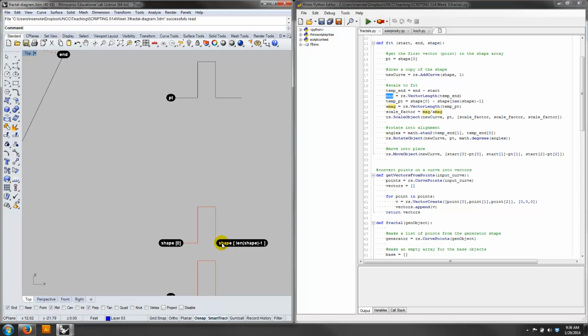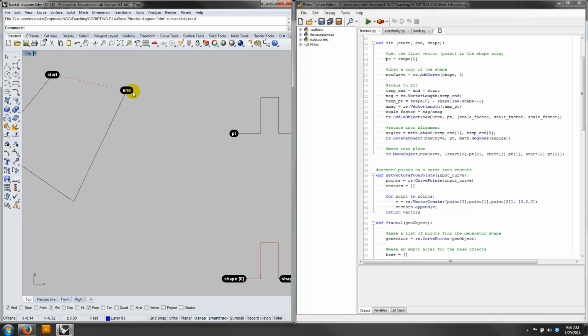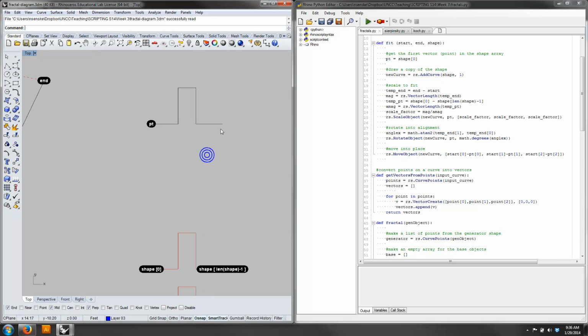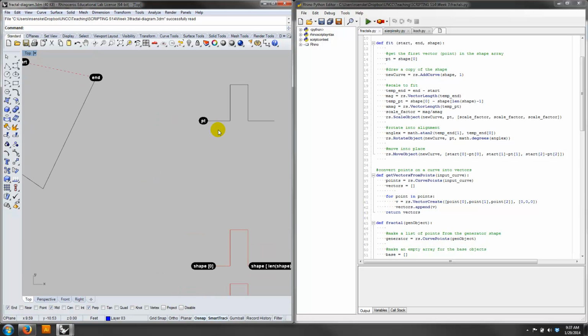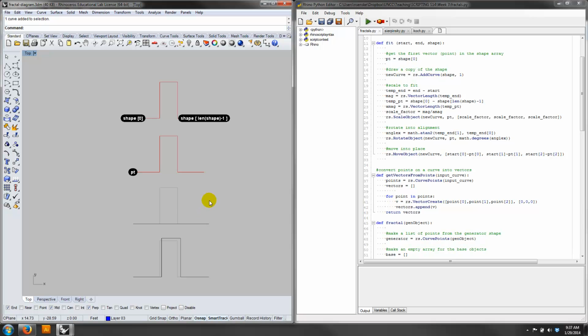So we go the length of the array shape minus 1. So whatever the last point is in the shape minus the first point in the shape gives us a temporary point. We find the length of that. So we have mag and amag. And the scale factor is just basically a ratio of this length divided by that length, which is just going to tell us if we multiply this by some scale factor, how is it going to fit that? Okay, and that's basically what we do.